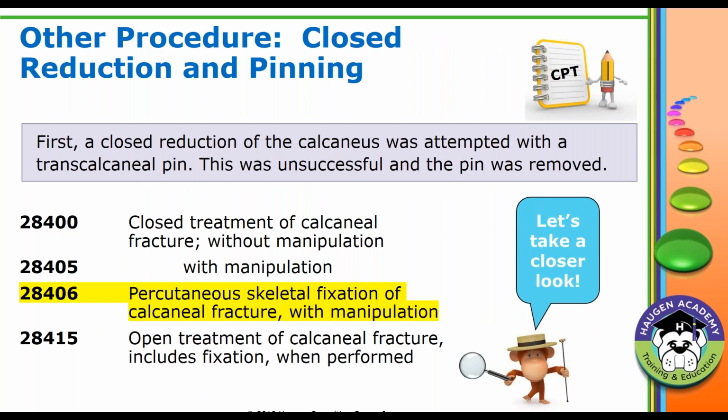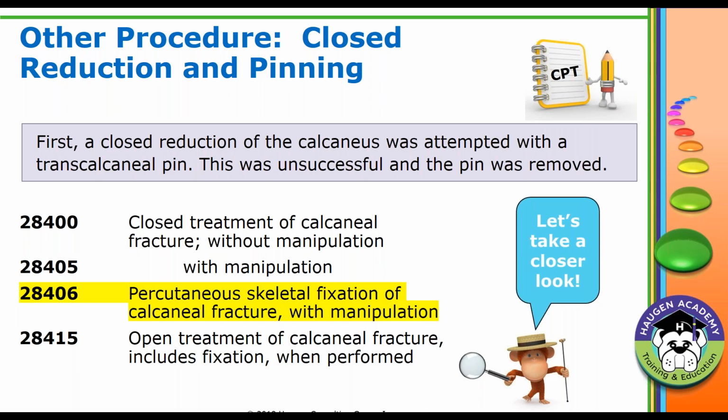So other procedures. Remember in our op report, the first sentence said that they started with a closed reduction and pinning that was not successful. And then they moved on to the open procedure. So they did do a reduction or manipulation, and then they also did fixation, which was a percutaneous pin.